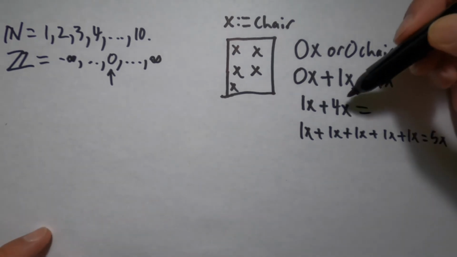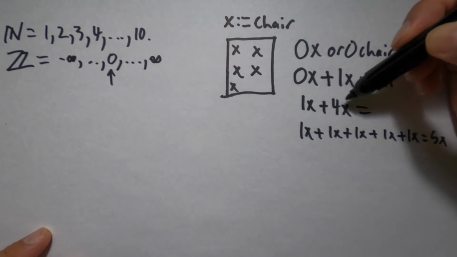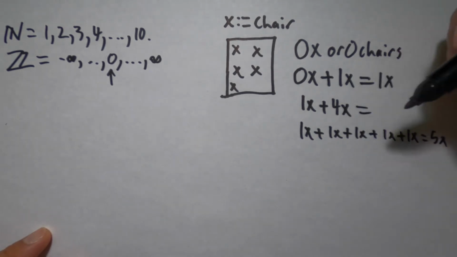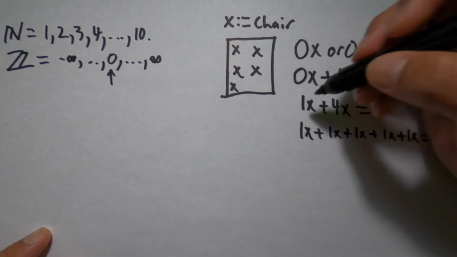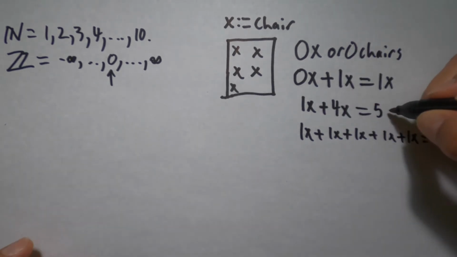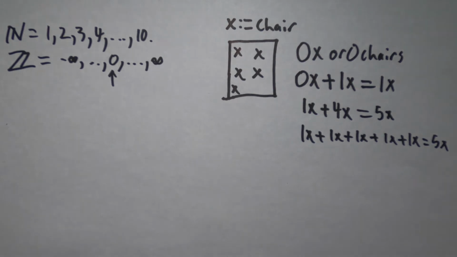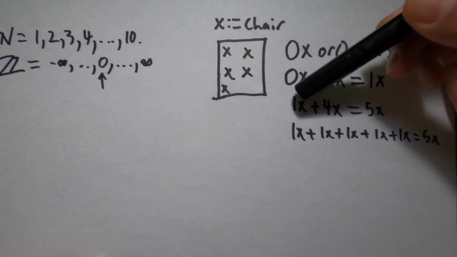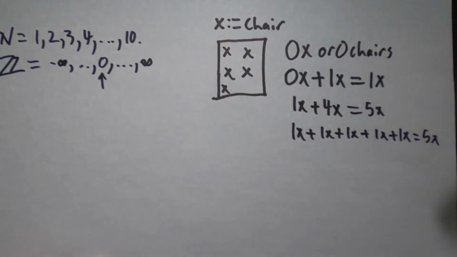Or we can write the quick way using the symbol 4 to represent 4 individual pieces. 4, 1, 5. So we can look at this two ways: 4 added to 1 or 1 added to 4 is equal to 5.